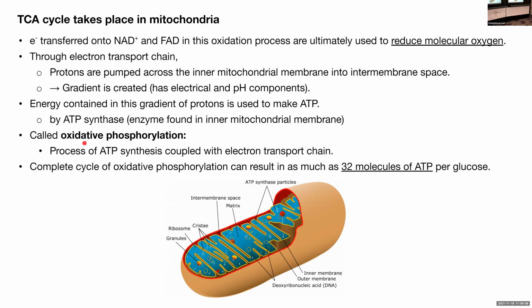Oxidative means taking up electrons from a substrate, or adding oxygen molecules. And phosphorylation is adding a phosphoryl group to ADP. So it's the process of making ATP by adding a phosphoryl group to the ADP molecule, using the electrons taken from a substrate.